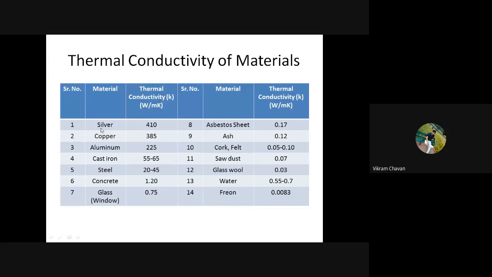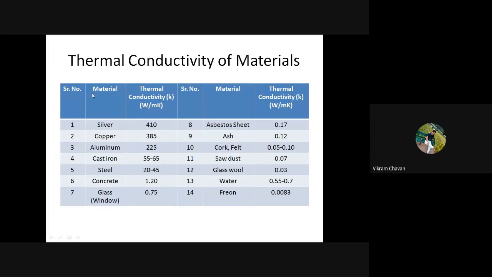The first column is the serial number, the second column is the material, and the third column is the thermal conductivity, whose symbol is k and whose unit is watt per meter Kelvin. If you take watt per meter Kelvin or watt per meter degree Celsius, both units will not impact the quantity for that material.